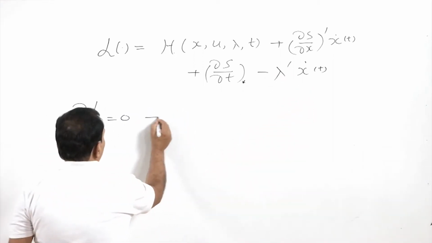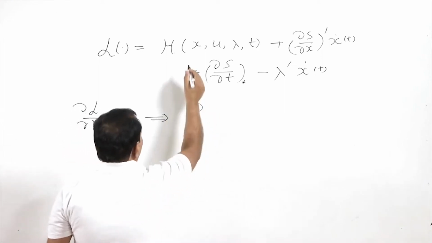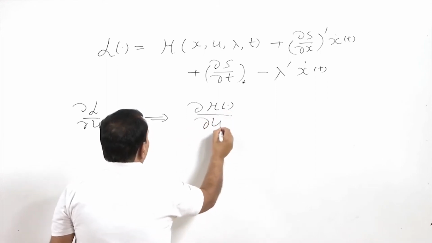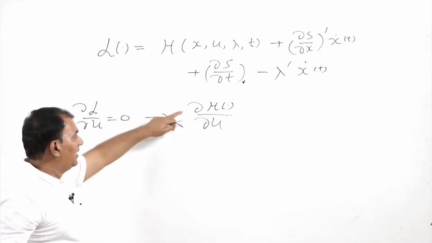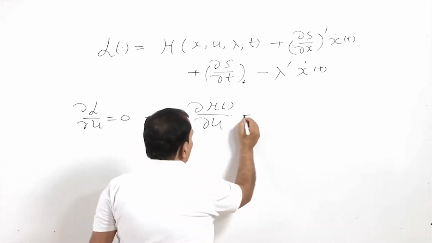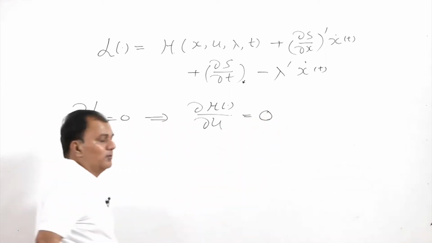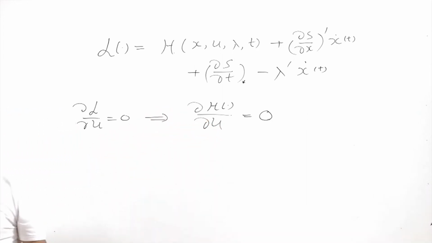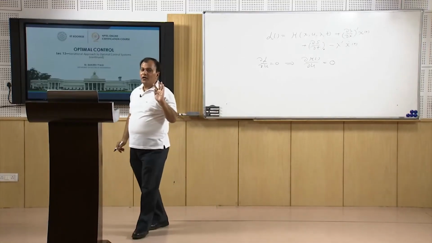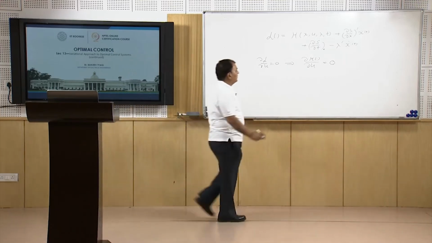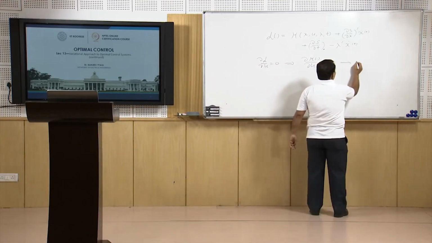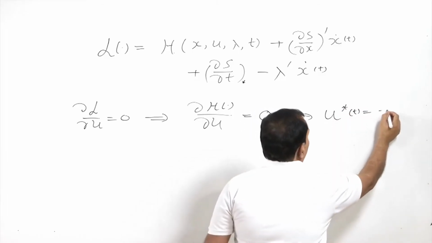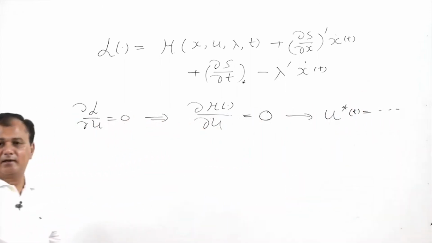So, this gives me del H by del u. So, del L by del u I can write as del H by del u, which is equal to 0. If I take del H by del u equal to 0, this will give me the control. So, the solution of this will give me u star of t, whatever the value I will get.